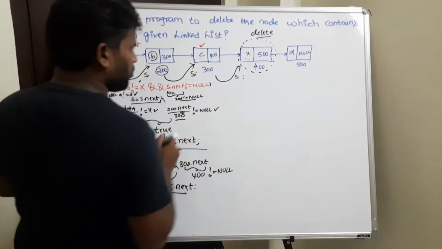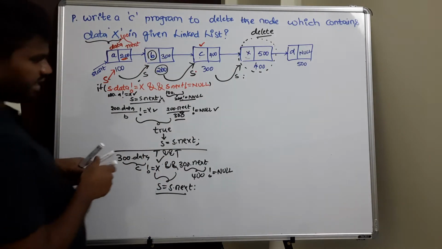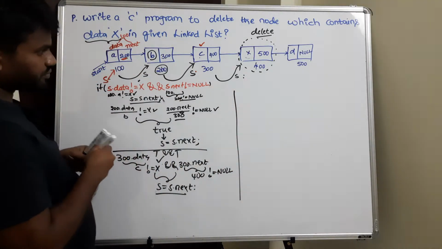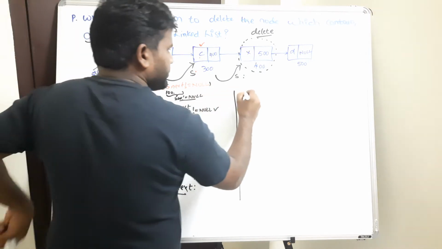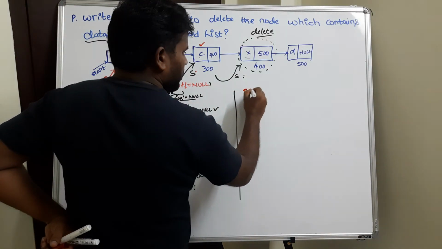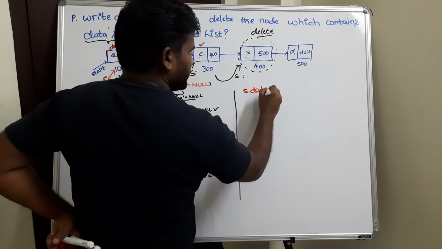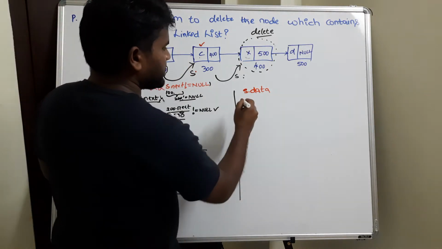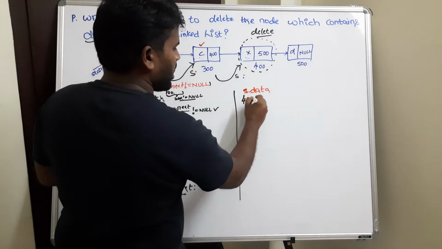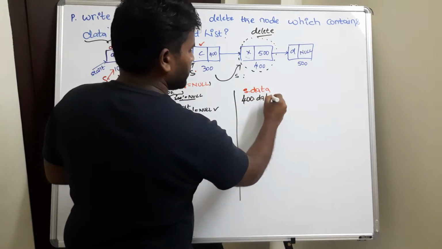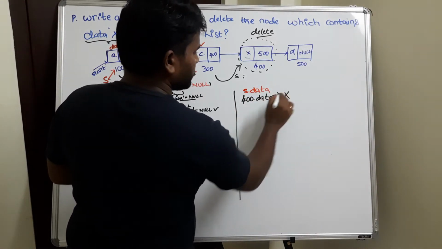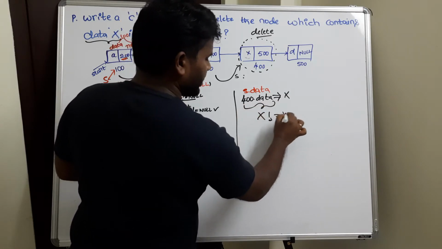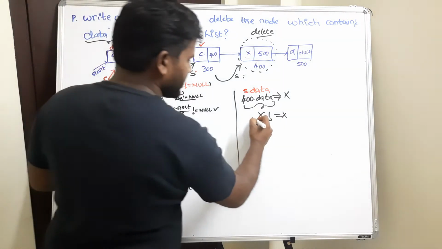Our s is at 400 now. We are checking at 400 s dot data. What is s dot data? S is 400 now, and that data gives x. What is our condition? x not equal to x, then we move forward, but it is false.